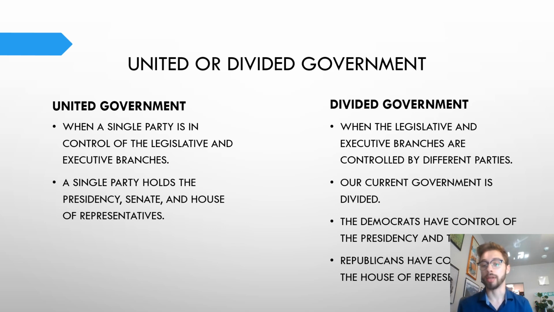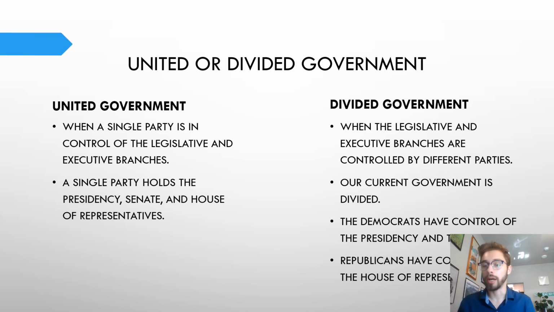Contemporary politics do not present a united government. We currently have a divided government, and that is because our executive branch is led by a Democratic president, President Joe Biden. We have a Democratic majority within the Senate of 51 to 49, and then we have a Republican majority within the House of Representatives. And that Republican majority is the reason why we currently understand our government as a divided government.